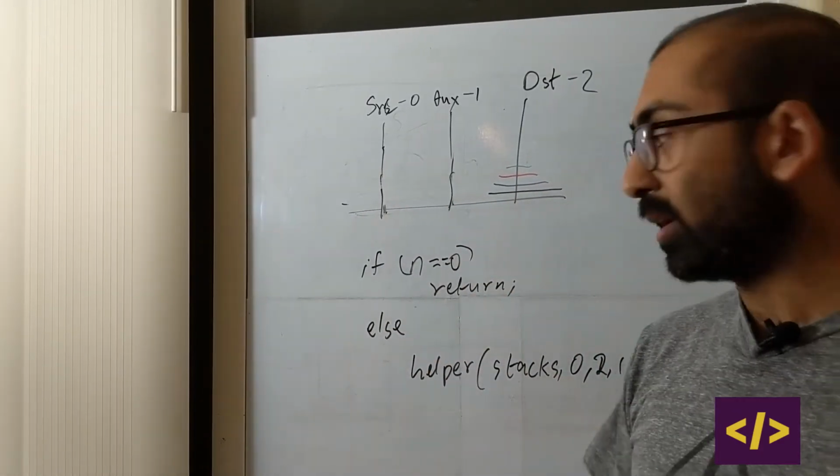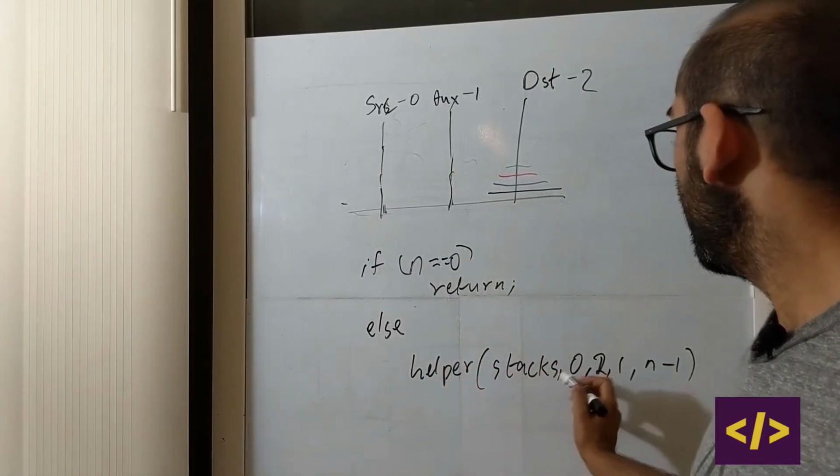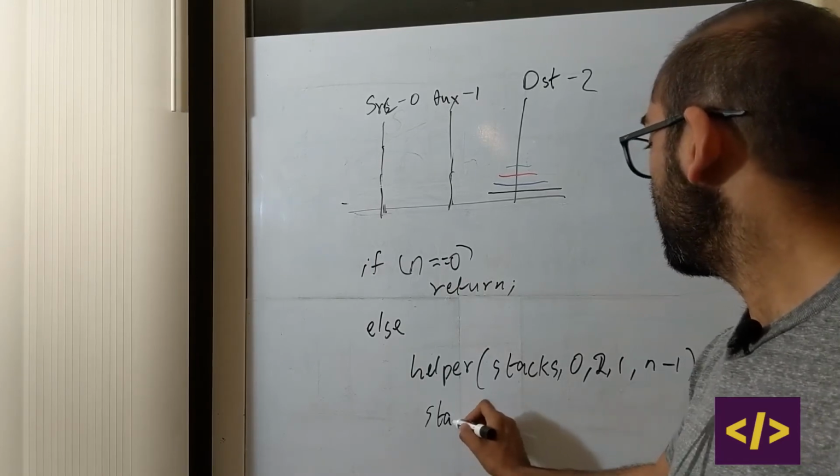And then once you're done with that, what do we want to do? We want to take the source stack of 0.